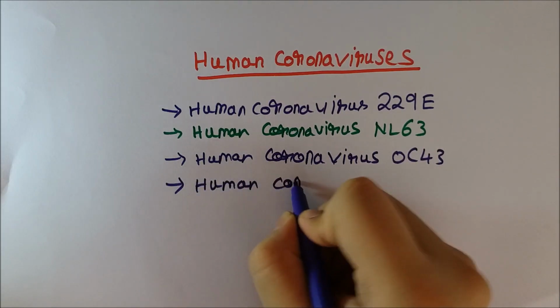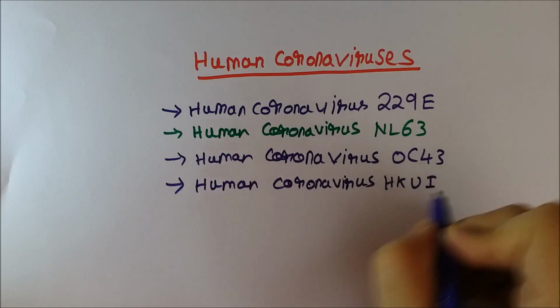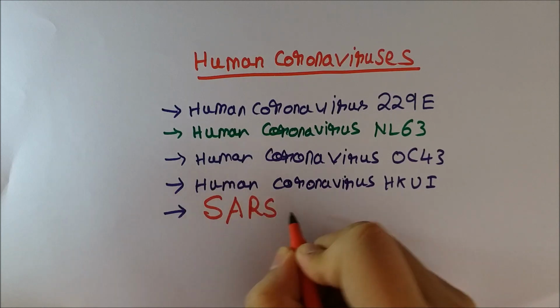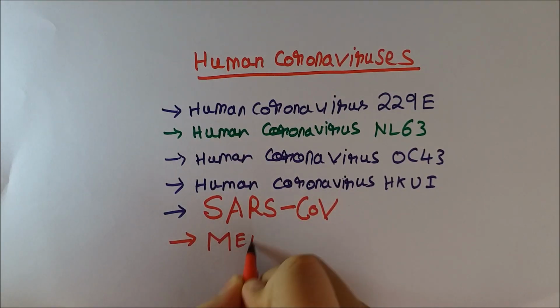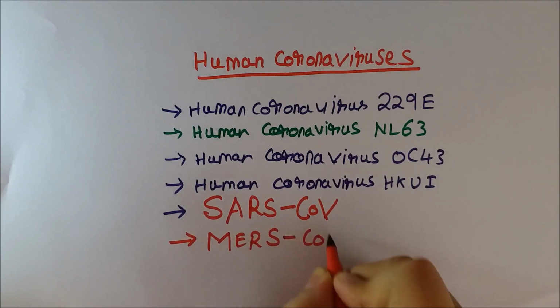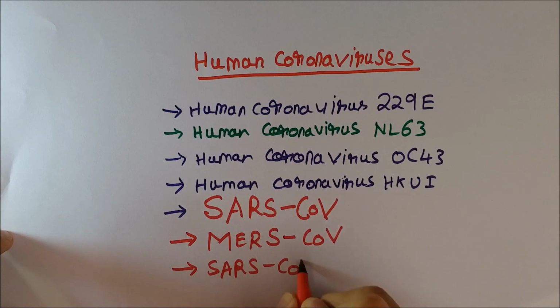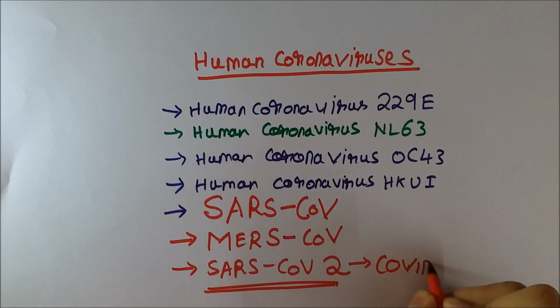Fourthly, we have the human coronavirus HKU1. Then we have the SARS coronavirus or the severe acute respiratory syndrome coronavirus, and MERS coronavirus or Middle Eastern respiratory syndrome coronavirus. Now, SARS coronavirus 2 is responsible for the widespread pandemic COVID-19.